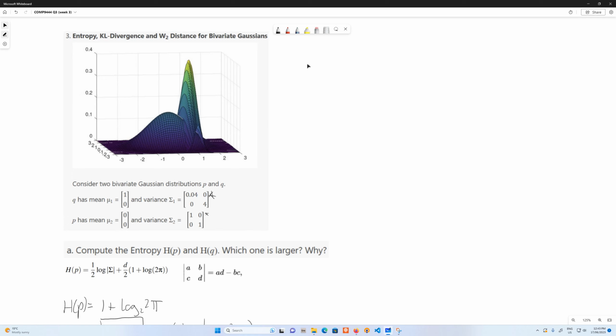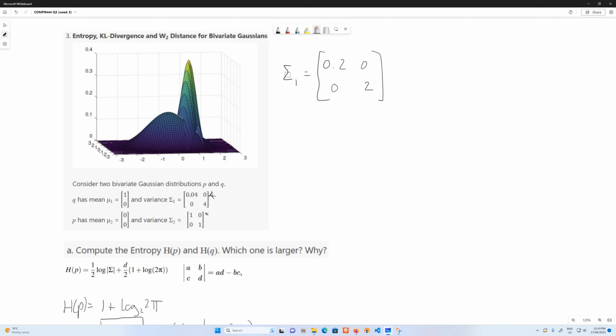We didn't actually label which distribution is which on this figure, but by having a look at the covariance matrices, we can figure it out. If we take the square root of both of the matrices, we can put the units onto the same scale. The square root of 0.04 is 0.2, and the square root of 4, well, the positive square root is 2, and we have our zeros here.